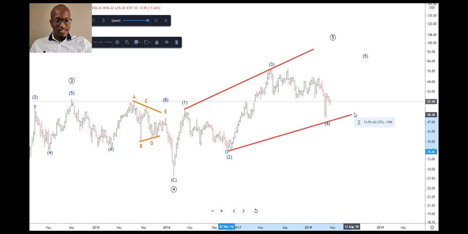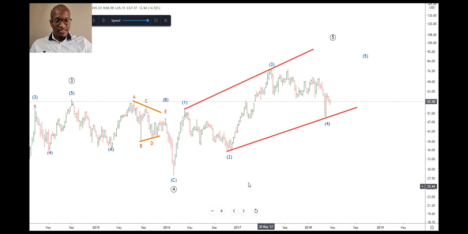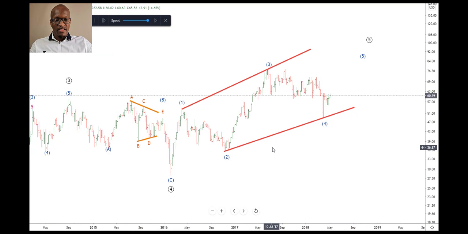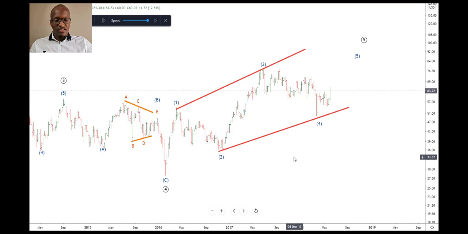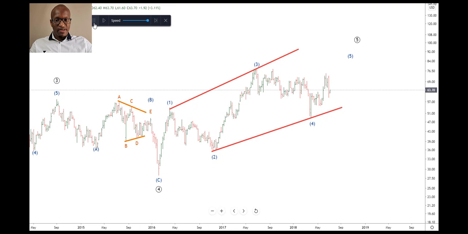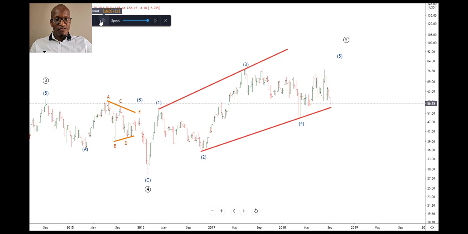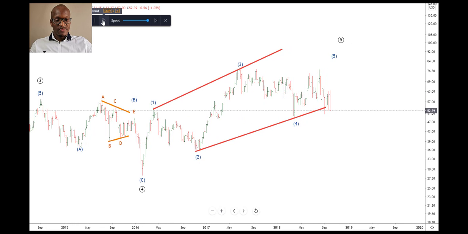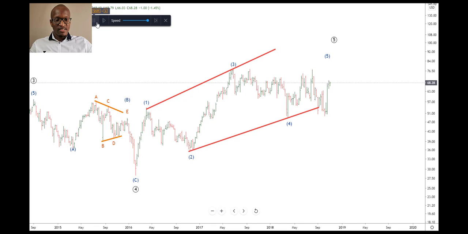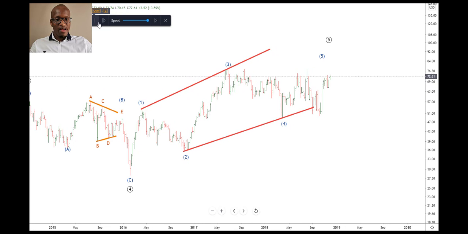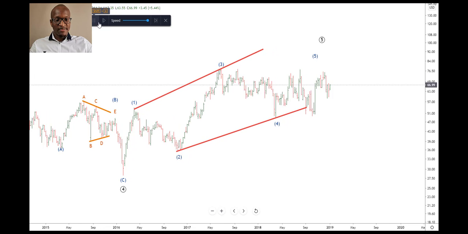So we can also start putting in the trend lines just to show that we are taking the ending diagonal narrative. And then as the market goes up again, it doesn't make a new high above wave 3. And then the market starts to push back up before crashing again.